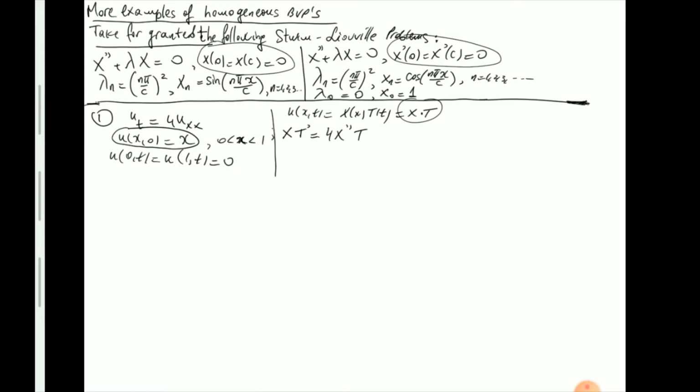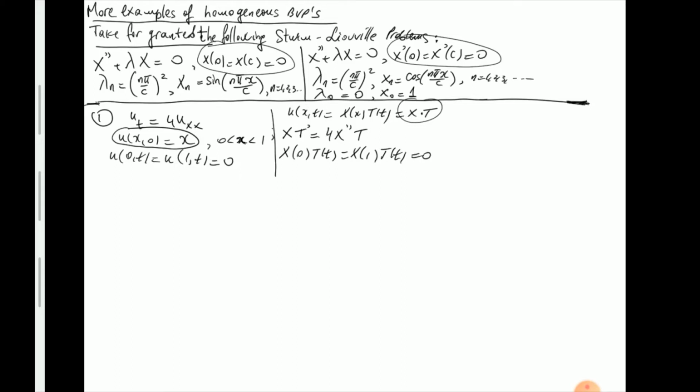But we do plug the product form into the boundary conditions. See here, I don't write just XT because notice that here little x is 0, it's evaluated at 0, right? So this is going to be X of 0 times T of little t equals X of 1 times T of little t equals 0.